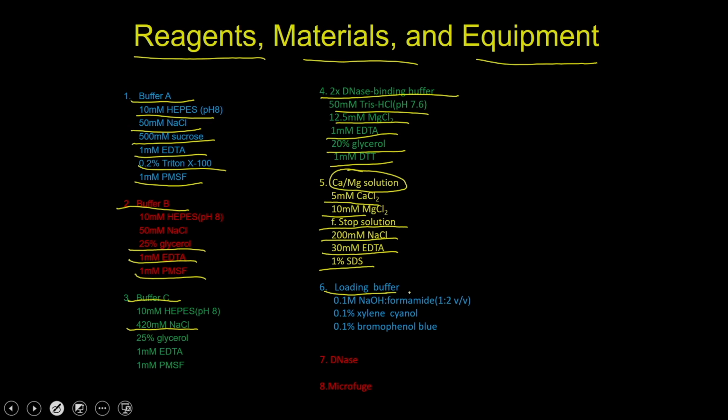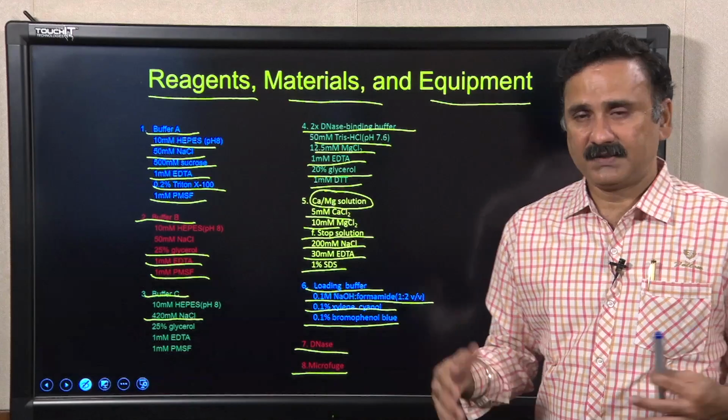And then you require the loading buffer, which is NaOH, formamide, 0.1% xylene cyanol and 0.1% bromophenol blue. Apart from that, you require an enzyme called DNase, and for performing this experiment you require a microfuge as well as the electrophoresis apparatus.